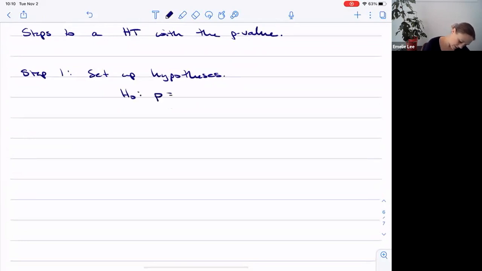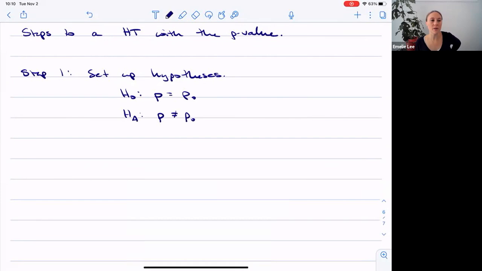H naught is that P is equal to P naught. And for now, I'm going to have HA, P not equal to P naught. Okay, we'll be able to change this inequality later. Okay, but for us, we're always just going to keep an equal sign in the null hypothesis, just to emphasize that it's a statement of no change. And then any adjustments that we make, we're going to make in the alternative hypothesis.